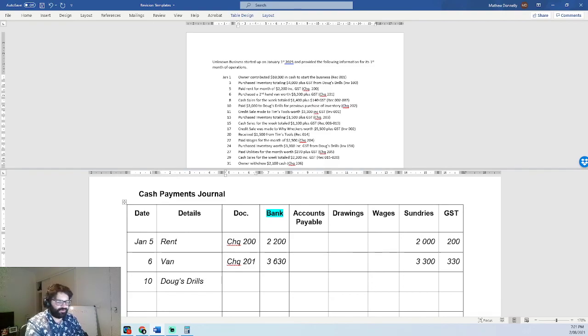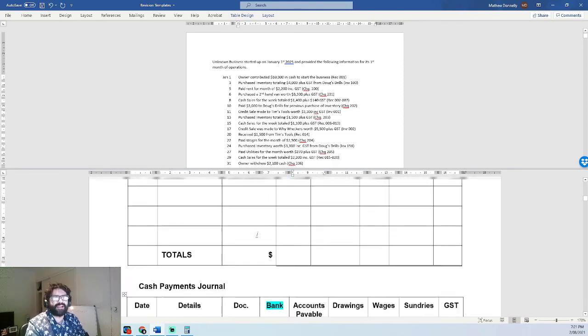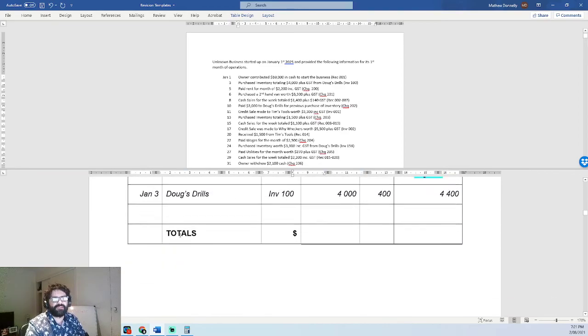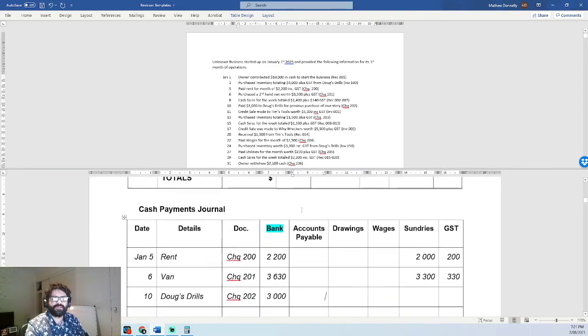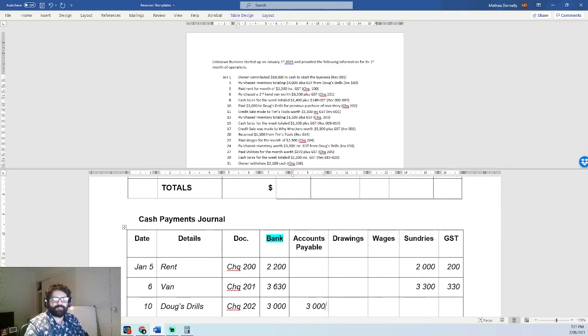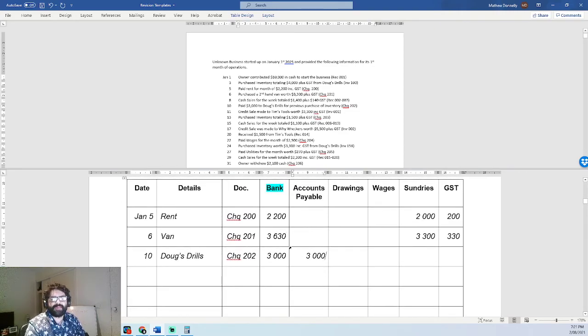Now, it's Doug's Drills because it's an accounts payable. You need to put the amount in. We paid $3,000. We don't include the GST for one simple reason. When we did it, we actually included the GST on here. Okay? Just a little fun fact there. And we can see that 3,000 equals 3,000.